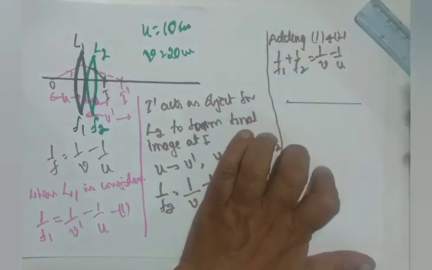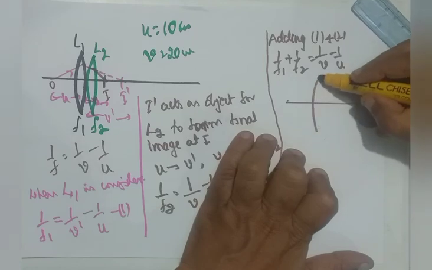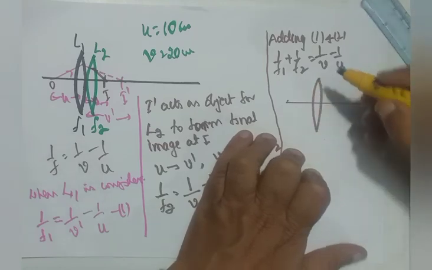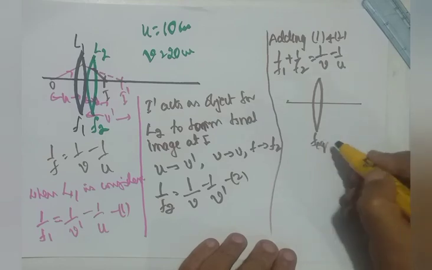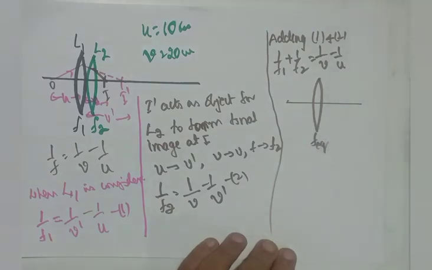Just observe. This is that single lens with the focal length F equivalent. Now this produces an image like this.